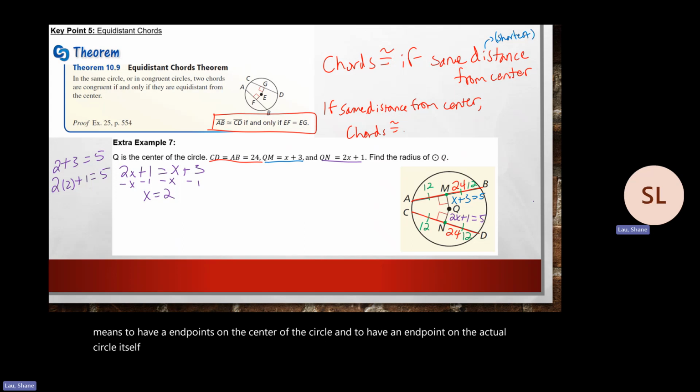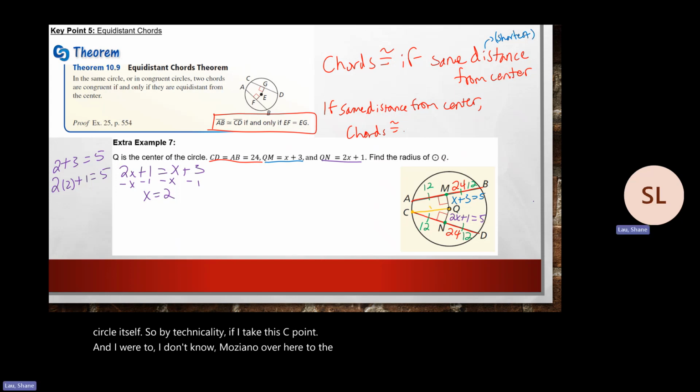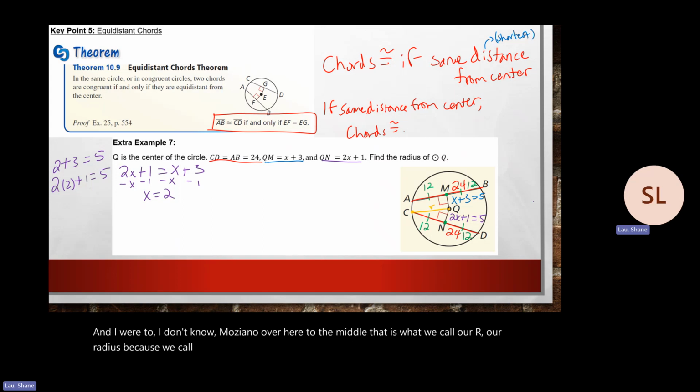So by technicality, if I take this C point and I were to mosey on over here to the middle, that is what we call our R, our radius. Because we call that our R, let's go ahead and draw the shape that is created.